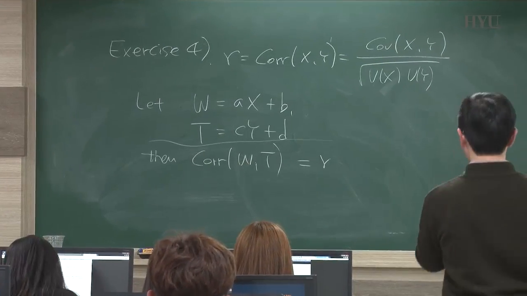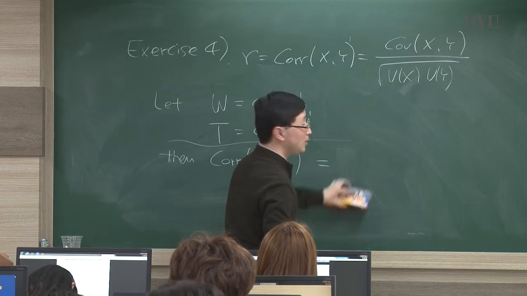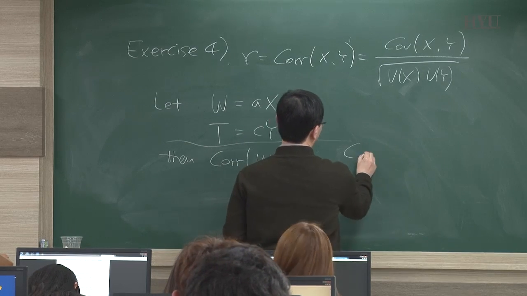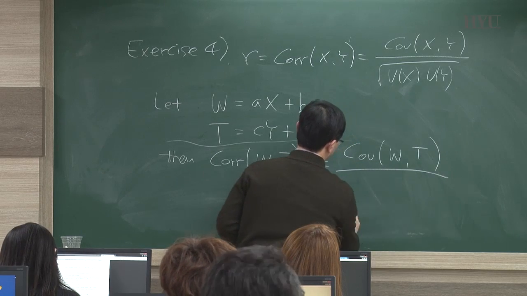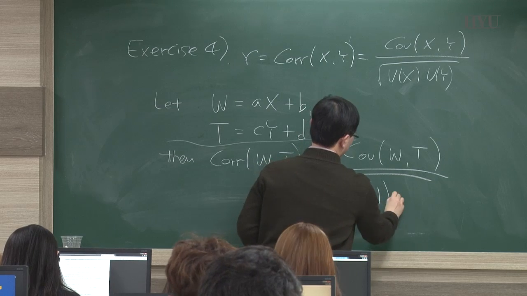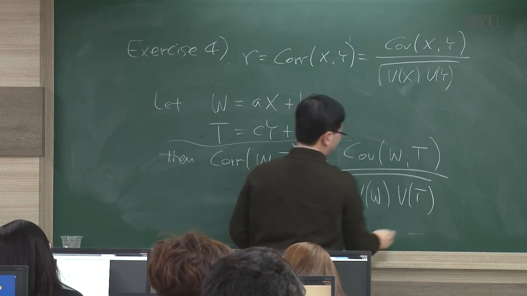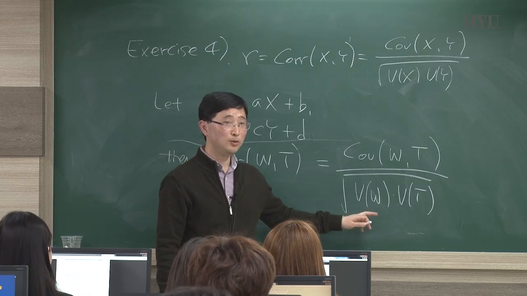My second hint. The definition of the correlation coefficient is the ratio of the covariance divided by two standard deviations, the square root of the variances. Right? So your job is to calculate this covariance and two variances.